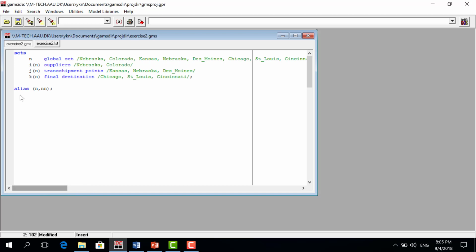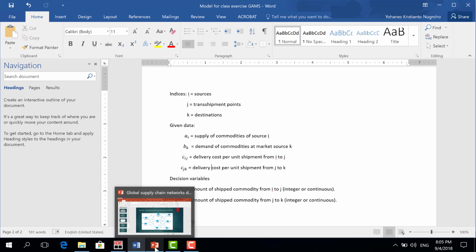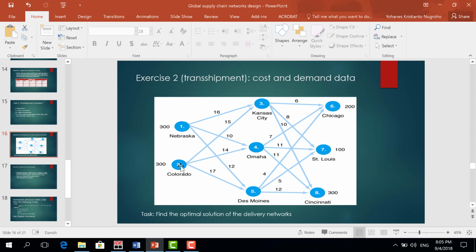All right, now we can develop our table. We have two kinds of variables, xij and xjk, and also cost, cij and cjk. And now we have to compose the cij or cjk using the same way as we compose a table in the assignment problem.